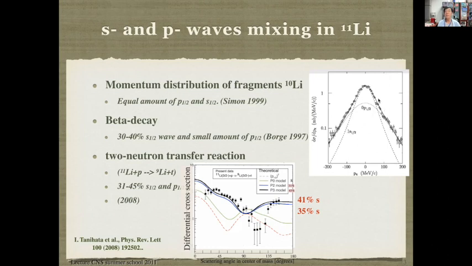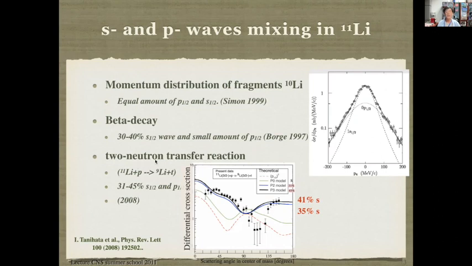And this momentum distribution of the fragment can be explained only when you assume an S wave and P wave mixture. So this is one piece of evidence. And then beta decay in 1970, they also observed that the S1/2 wave is mixed at 30 to 40%. And this is also about one-to-one.